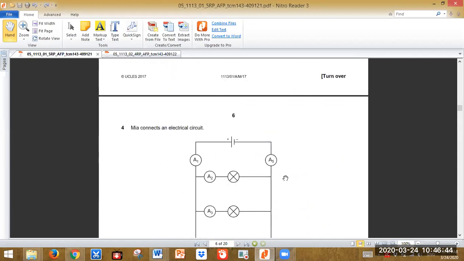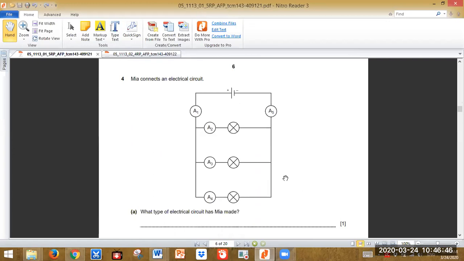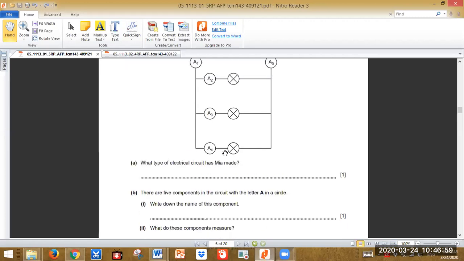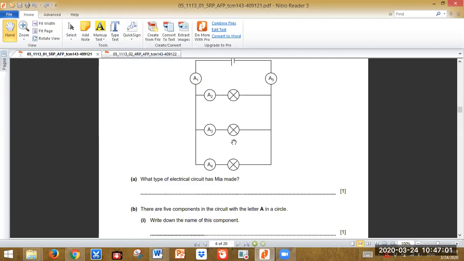The next question, question 4. Maya connects an electrical circuit, and this is the circuit that Maya connected. What type of electrical circuit has Maya made? It's a parallel circuit.